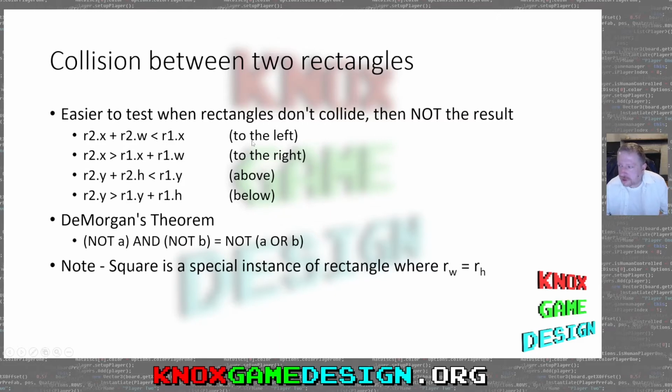So I'm not going to go into the collision between a line and a rectangle, I didn't add it to this presentation. I'll just say I think the way to do that is to check and see if the line collides with each line segment of the rectangle, so at the top and the bottom and the left and the right of the rectangle.